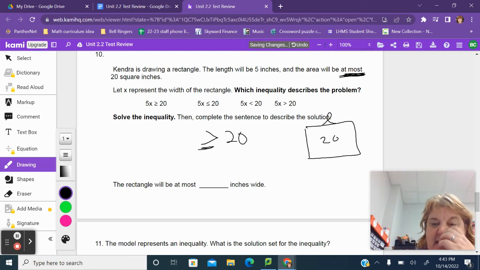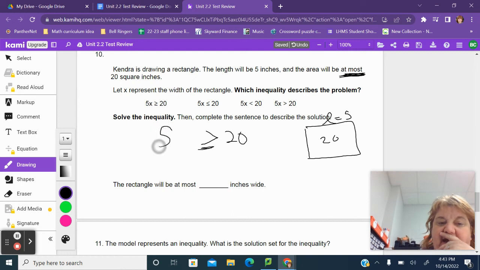And to get the length, you have to go 5 times x. Which inequality describes this? So let's find the one that I just did, this one, right? The length will be 5 inches, and at most it'll be 20. So it could be 20. Okay, so this one describes it.